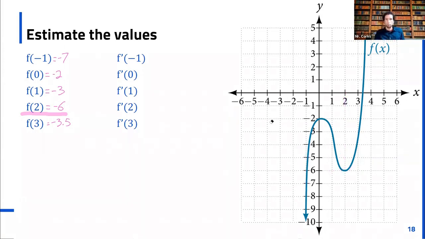Let's try these other ones. F prime of 2. What would this value be? 0. Okay, why are you saying 0? How do you know that? Because the slope is flat at that point.